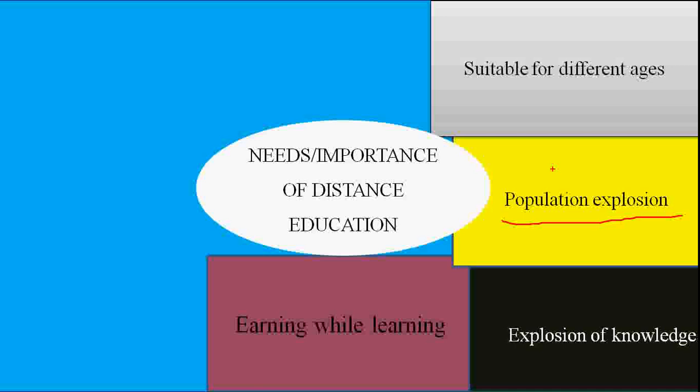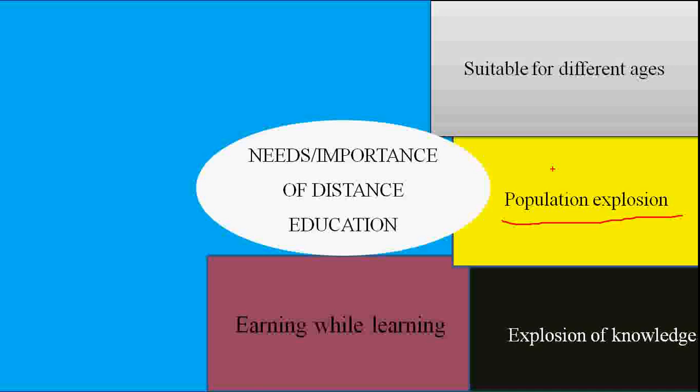Everyone can't join the formal education system because of the rate of increasing population. So what will the people do to join education? It is not possible for all the people to join the formal education system, isn't it?